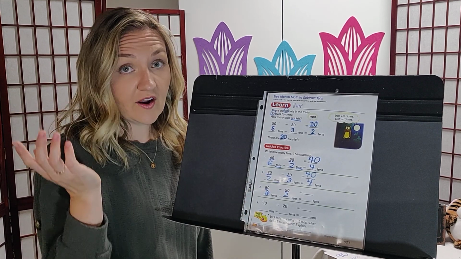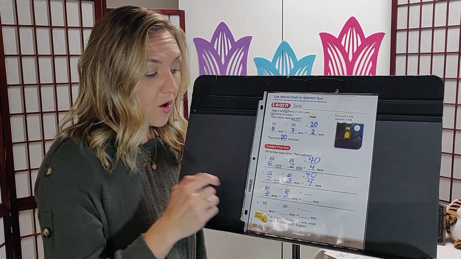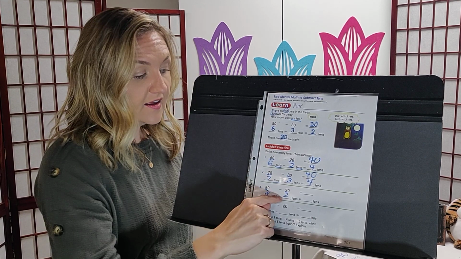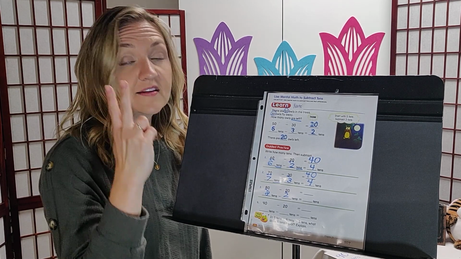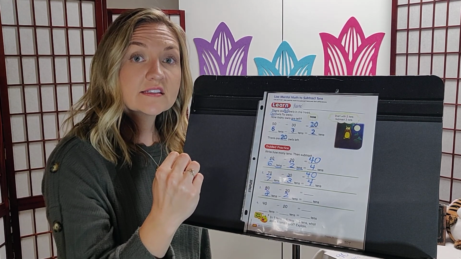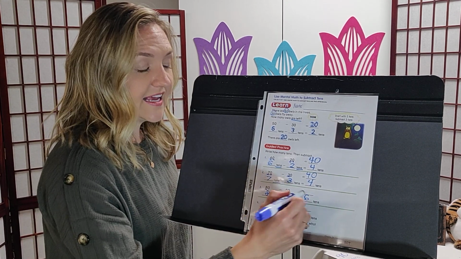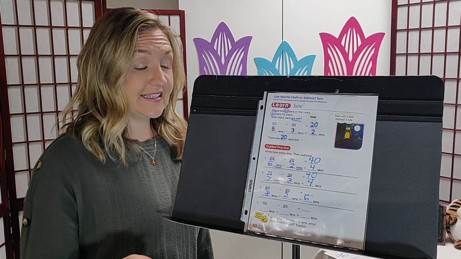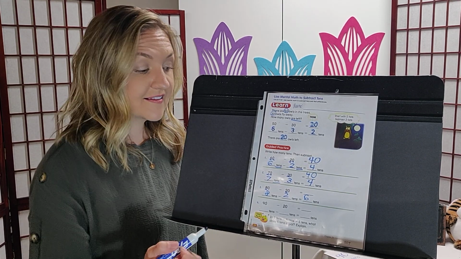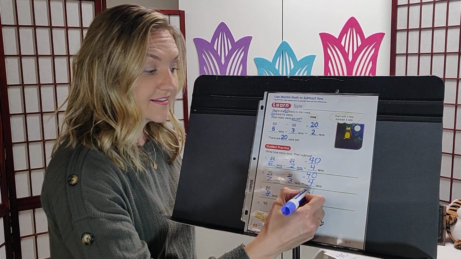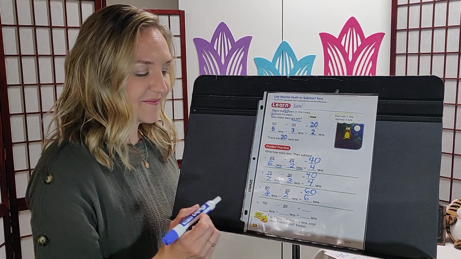You can do this in your head without any tools or strategies to help you, or put 8 in your head and hold up 2 fingers and count down. 8, 7, 6. 6 tens. 6 tens is the same as 60. You're doing great. Let's keep going.